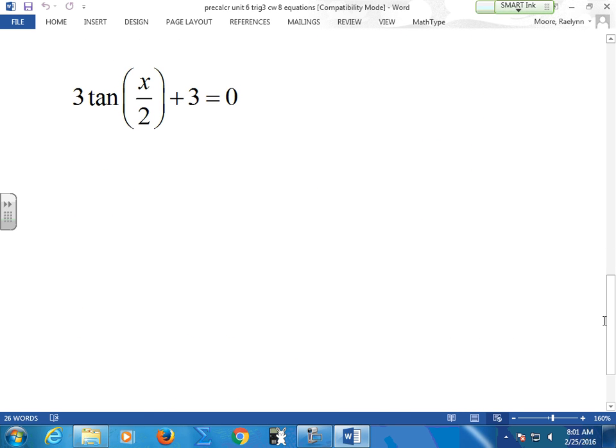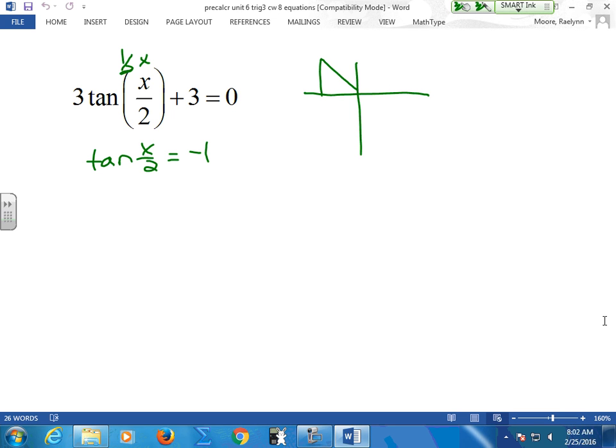Okay. If it helps you, if this is a half, this is a half x. So let's solve with that little piece in the middle. So you're going to subtract 3 and divide by 3. So what are you going to get? Negative 1. So, where's tangent negative? 2 and 4.